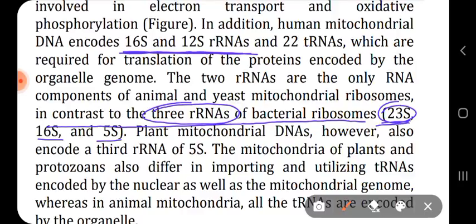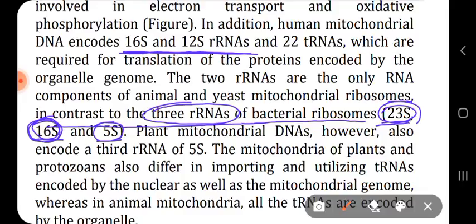Recall your concept from class 12 that 16S rRNA helps to complementarily bind with the mRNA at the ribosome binding site, or Shine-Dalgarno sequence.